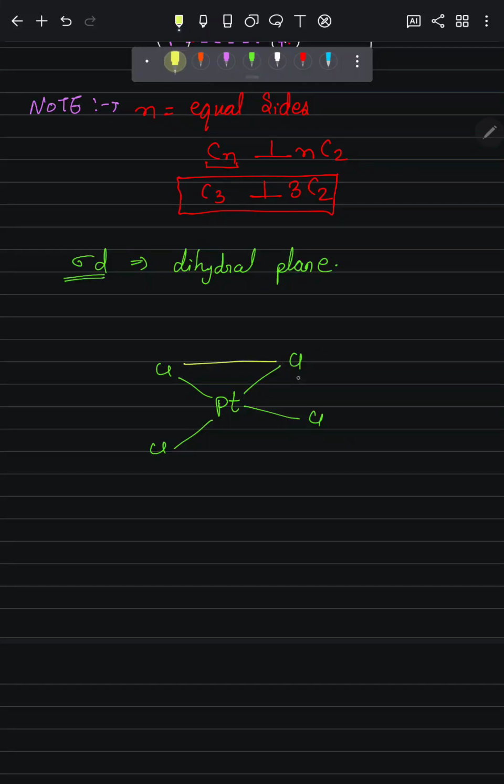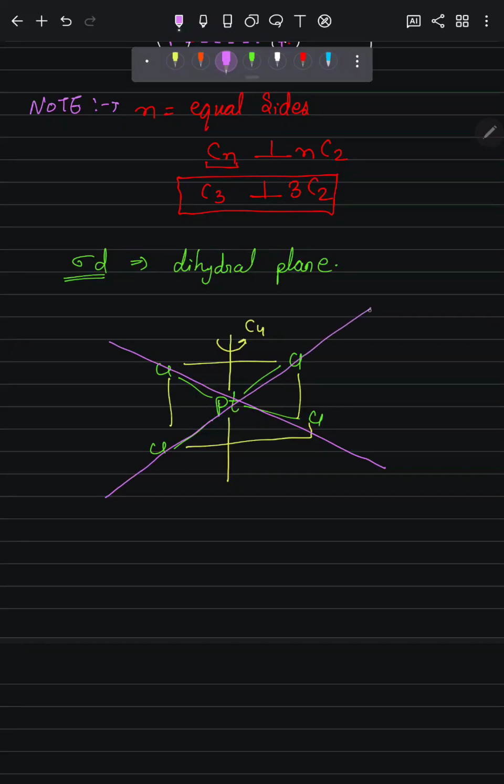In this molecule, as we can see, one C4 is present which bisects this molecule equally. So this is a square type of molecule. As we can see, one C2 axis is coming from here, cutting all these elements, and one from here.